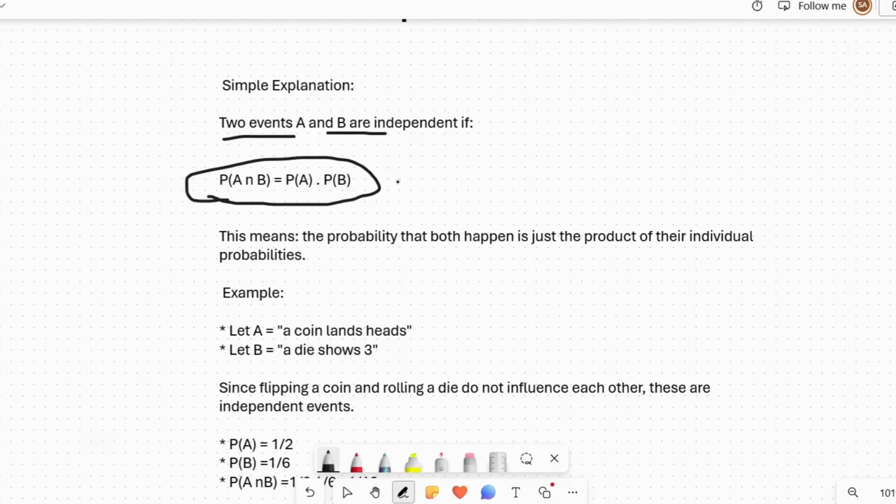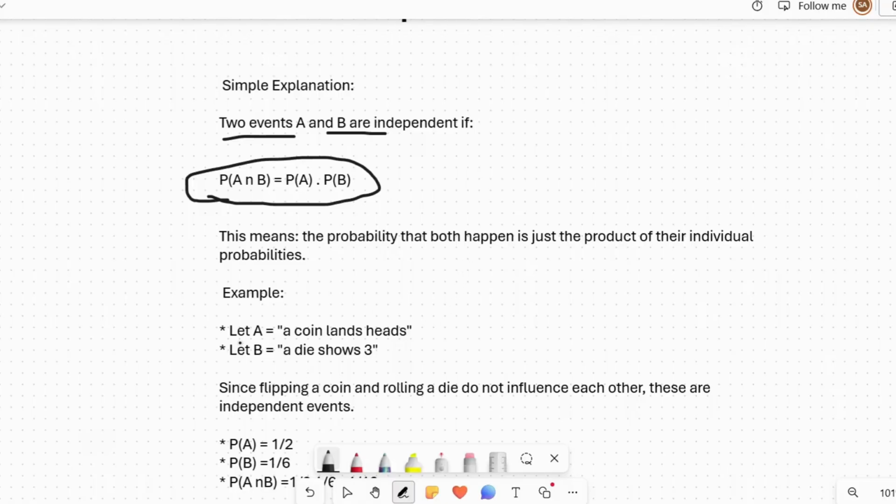Also, there are three types of formula we can use to check whether events are independent or not. We discuss this later. This means the probability that both happen is just the product of their individual probabilities.